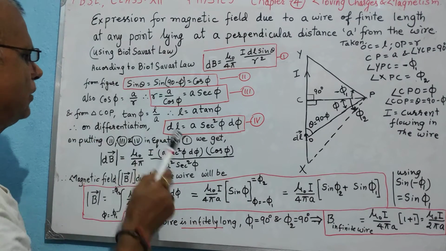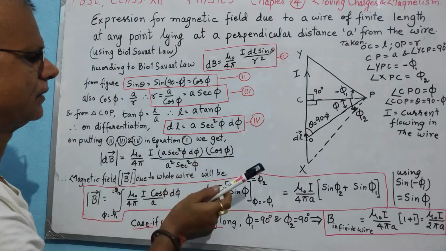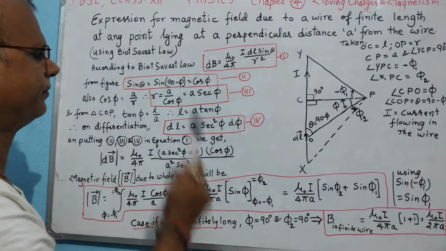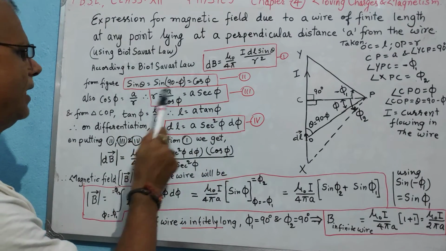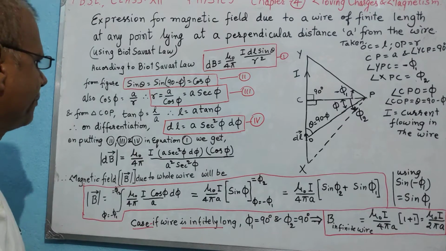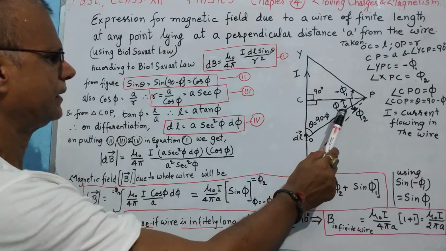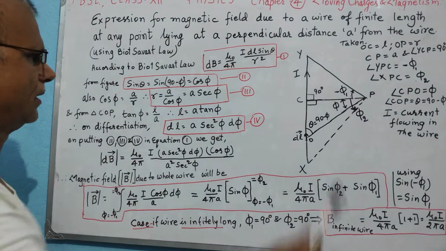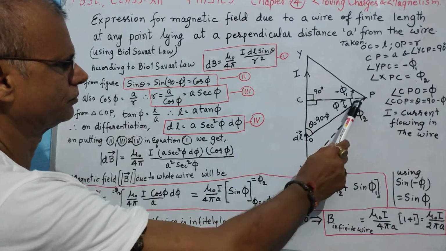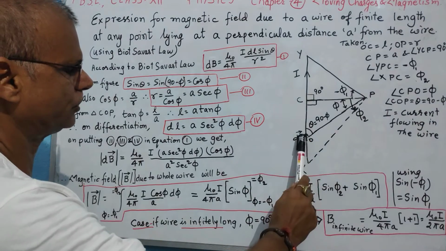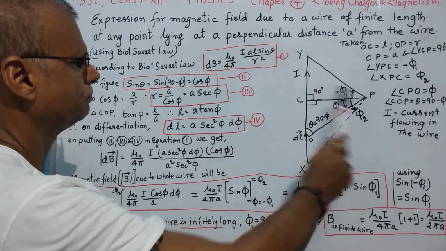Therefore R is equal to A by cos phi. But 1 by cos phi is sec phi. So we have R is equal to A sec phi. Also from triangle COP, tan phi is equal to perpendicular, that is CO, divided by PC.